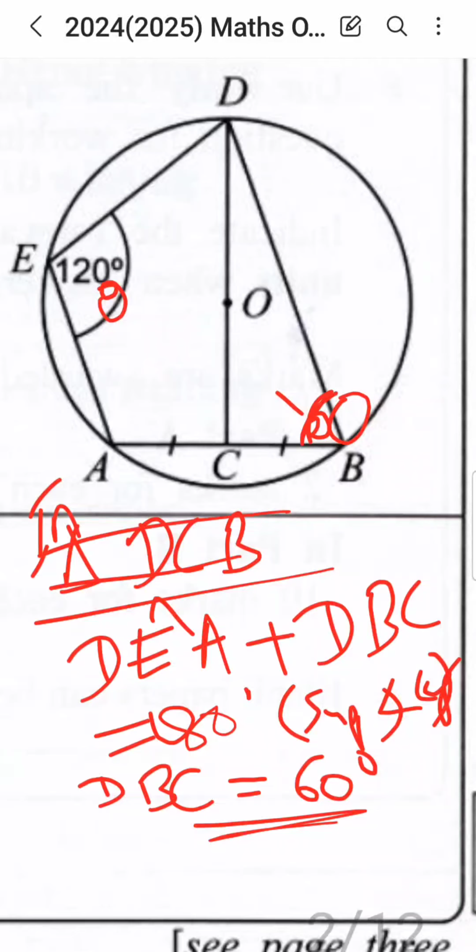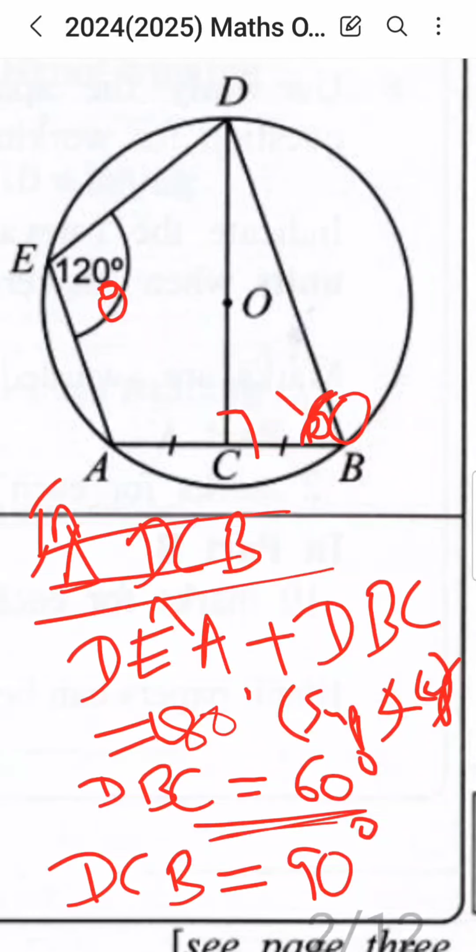Second, when you come to here, the angle DCB equals 90 degrees.